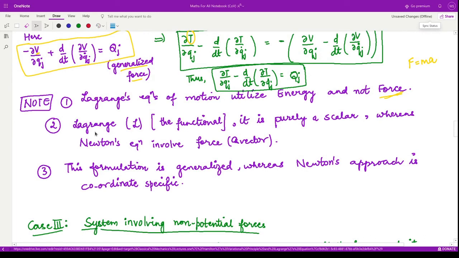Therefore, Lagrange's is purely a scalar quantity, whereas Newton's equation includes force, therefore that would be a vector quantity. And Lagrange approach is easier to solve and it is general for any system. This formulation is generalized because we use the generalized coordinates instead of any particular kind of coordinate system for any specific problem. So this concept is more general than Newton's approach.